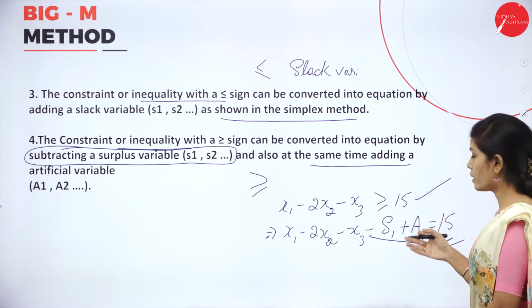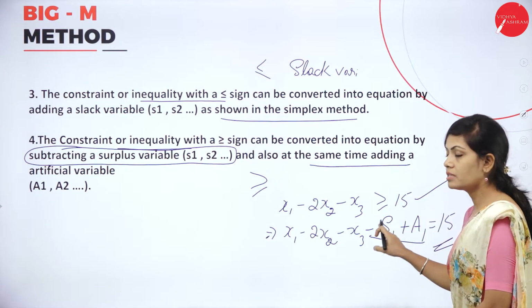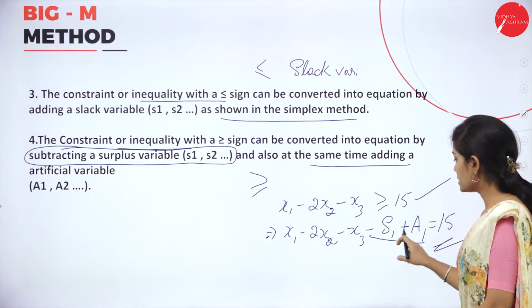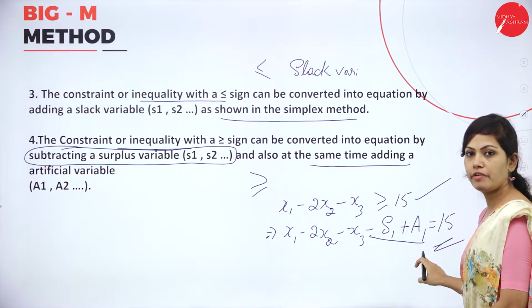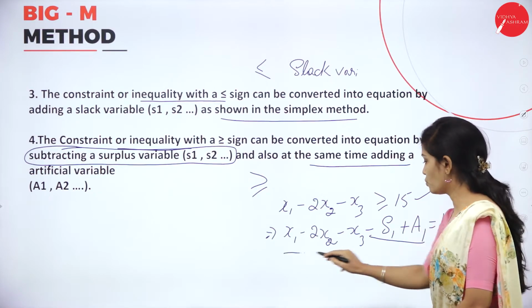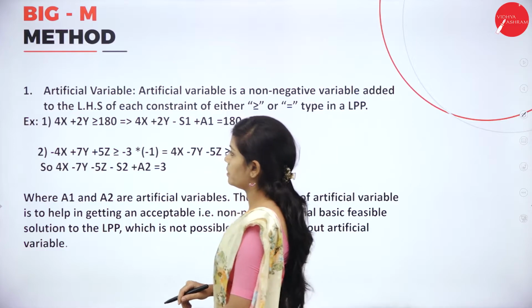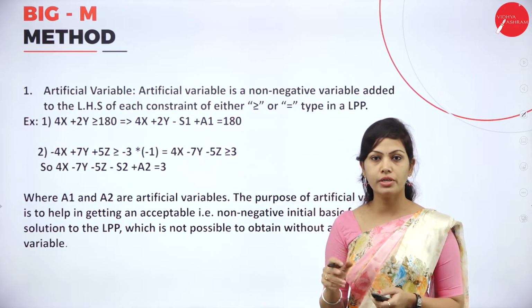So all the inequalities you have to convert into equalities by subtracting the surplus variable and adding the artificial variable to your constraint. In the BCA method, you have to use this method. What is the meaning of an artificial variable?